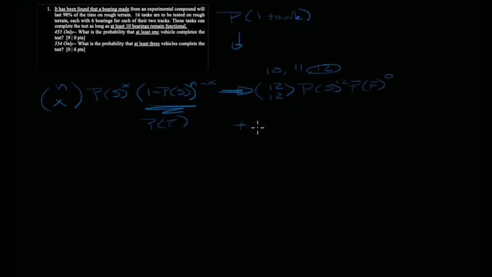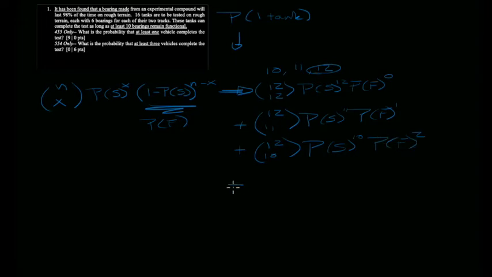We're going to add that now to 11: 12 choose 11, and probability of success to the 11th power, probability of failure to the 1st. And then finally we're going to do 12 choose 10, probability of success to the 10th power, probability of failure.